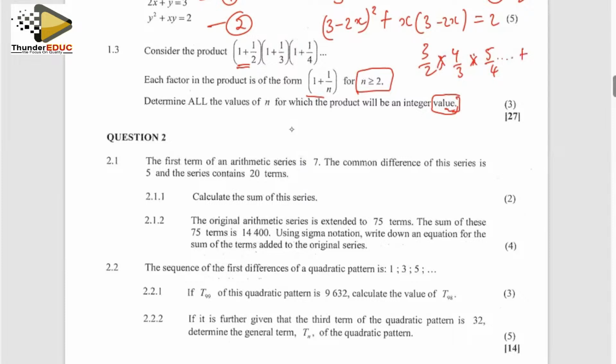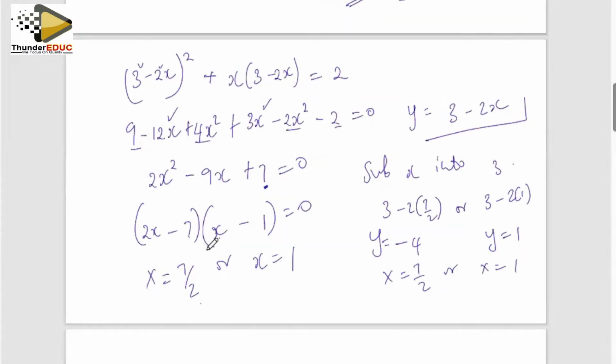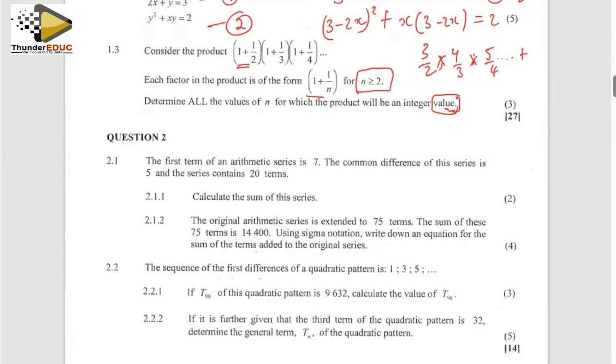Now, if we are multiplying this whole thing, we can see. Let me just put it this side so that I have enough space. Okay, so we say it's 3 over 2, 4 over 3, 5 over 4, and that's going to be 6 over 5, and so on and so forth.